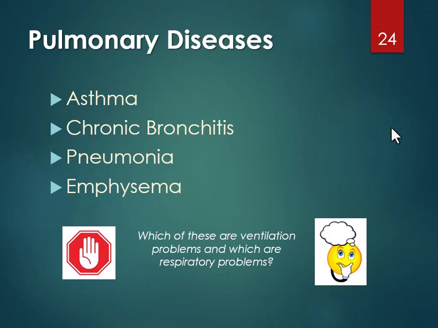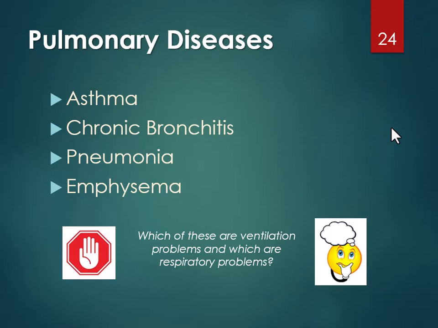Chronic bronchitis is usually brought on by exposure to pollution or smoking or another lifelong exposure type thing. And while we can treat it, often it's just chronic. It's just there for the person.